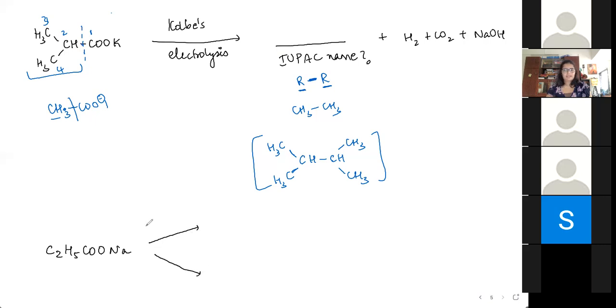One, I heat it with soda lime. And the other, I put it in a solution and do electrolysis. In this case, I get product A. In this case, I get product B. So identify A, what alkane, and B, what alkane.